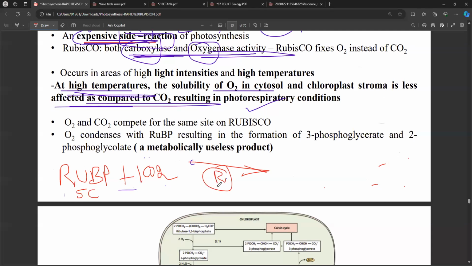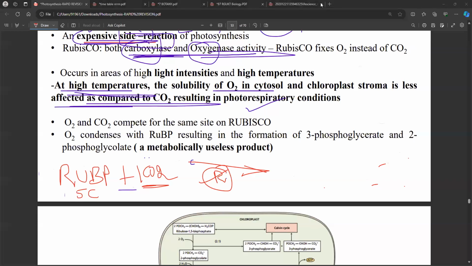Now here Rubisco is fixing only carbon dioxide. Then how many intermediates will we get? All the students quickly answer my question. When RuBP combines with one carbon in the presence of Rubisco, where Rubisco is only fixing the carbon, how many intermediate molecules do we get?